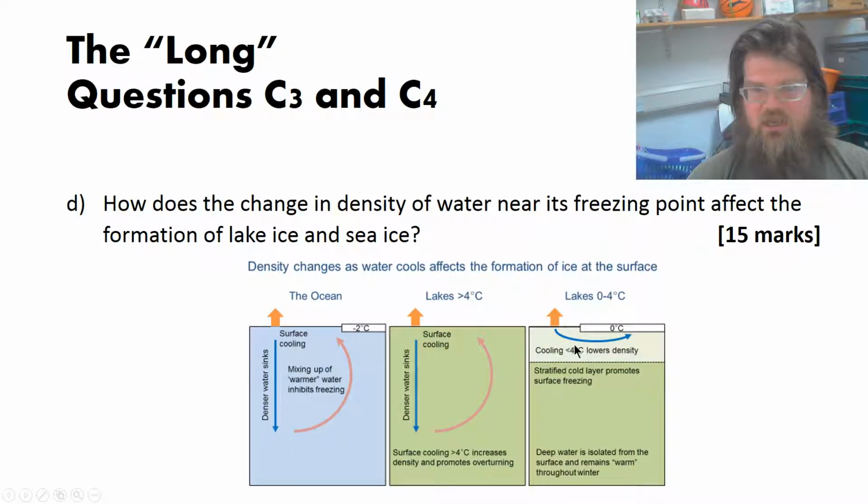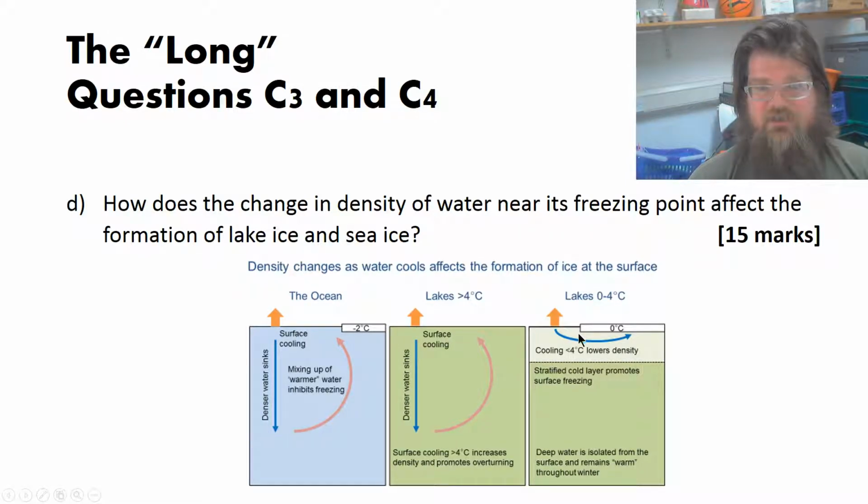So this forms a layer of water at the surface that can get colder and colder because it gets more and more buoyant, so it gets stuck up at the top, so it can then exchange more heat with the atmosphere. And this actually promotes ice formation because it keeps the water in contact with the atmosphere as it cools down, so it can then cool down easily to 0 degrees Celsius where it can freeze.